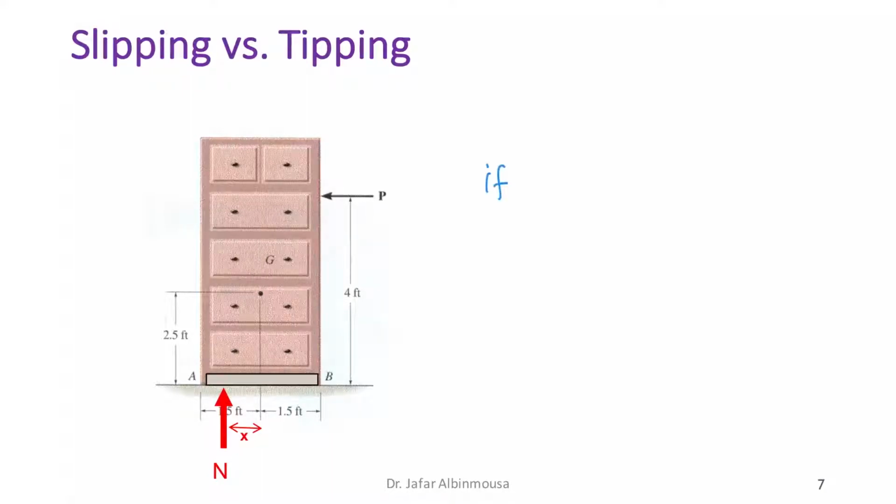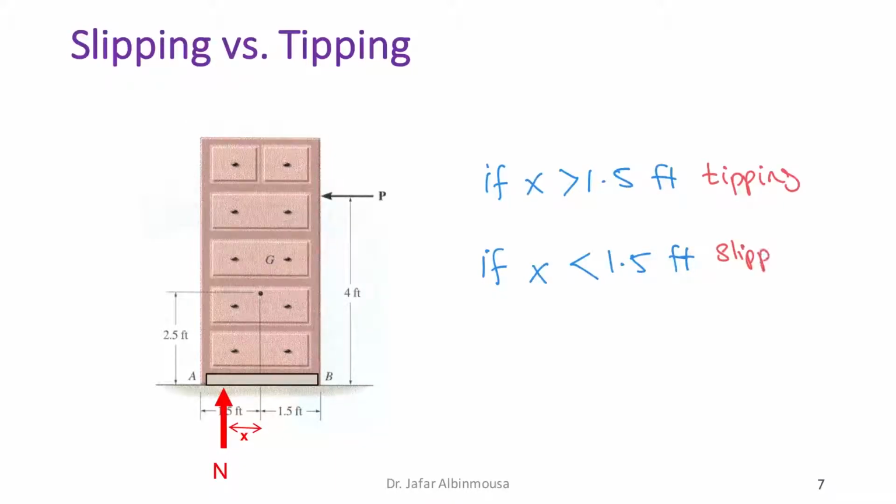If x is greater than 1.5 feet, then this is considered to be tipping. Or if x is less than 1.5 feet, then this is slipping.